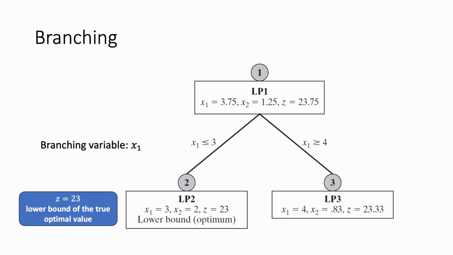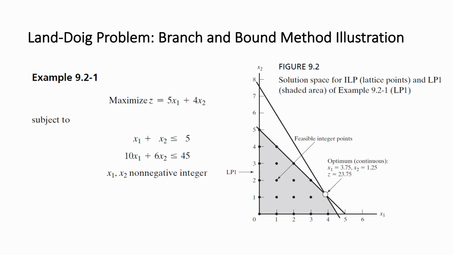That was why we said that it was fathomed. Okay, now since there are no other branches that remain to be explored, then the integer solution from LP2 is the optimal solution for the ILP. So graphically, the branch and bound method is implemented using this.